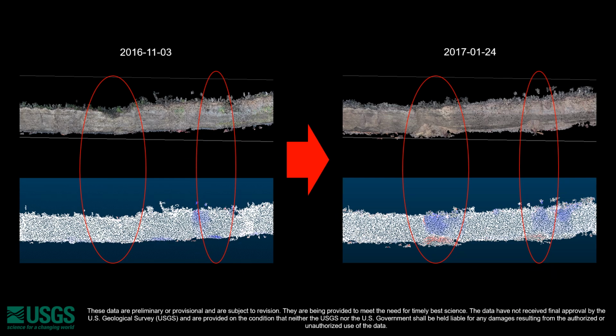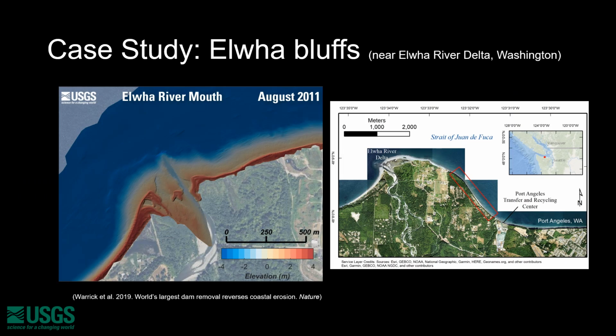So really, SfM provides us an opportunity to develop really high resolution and high accuracy products of these near vertical or vertical faces, which we can then use for change detection analyses, as you see here, where a point cloud from November 2016, only a couple months later in January 2017, we see that there's been one large failure and one more minor failure that are picked up in the change maps just by simply subtracting these point clouds. So SfM in these vertical surfaces of these high resolution, high relief environments is going to be important going forward.